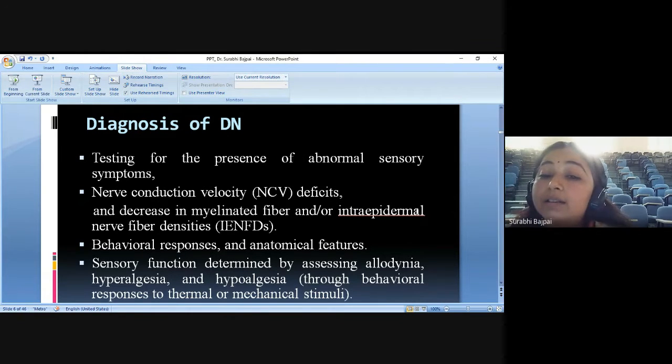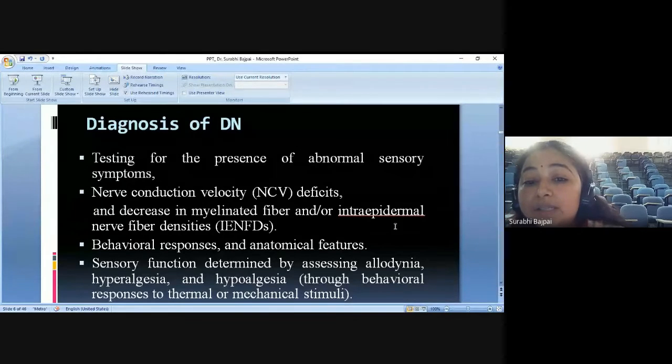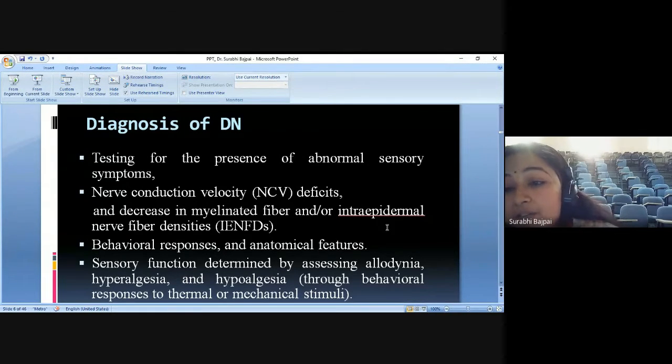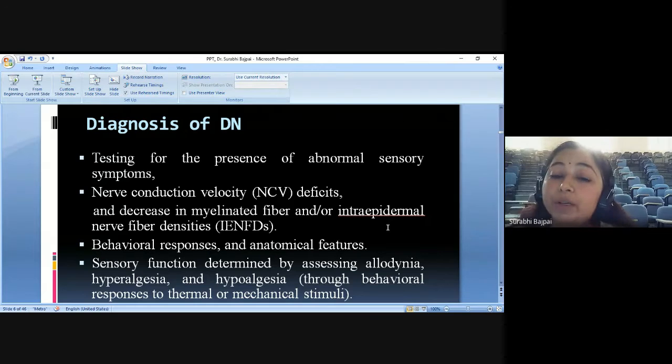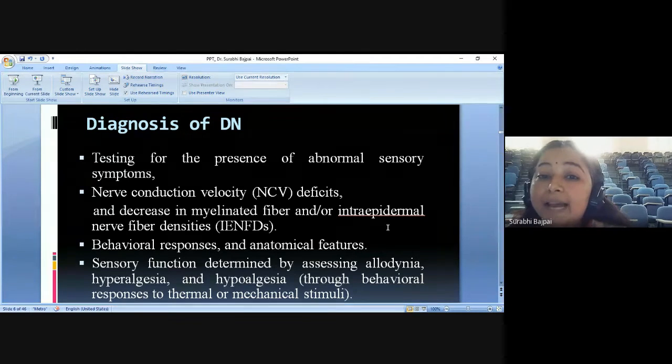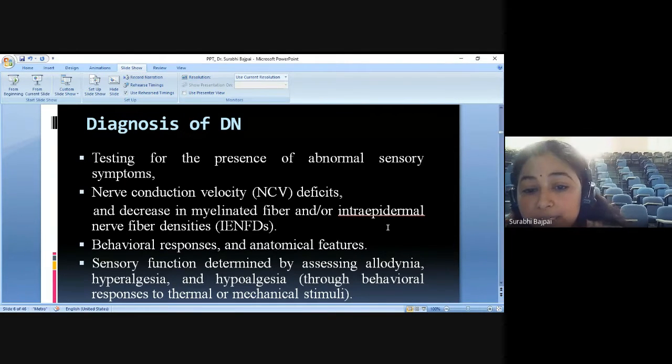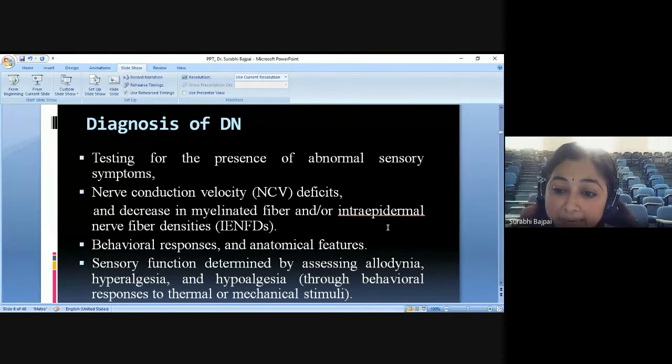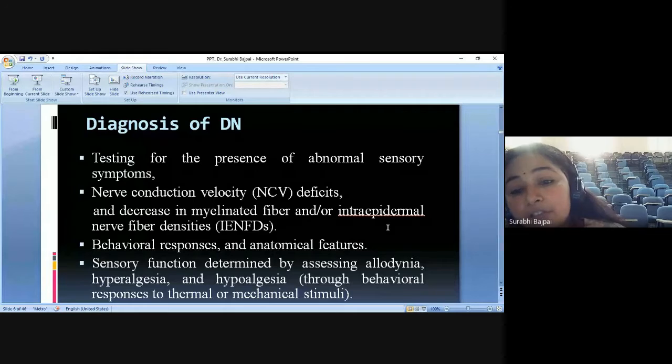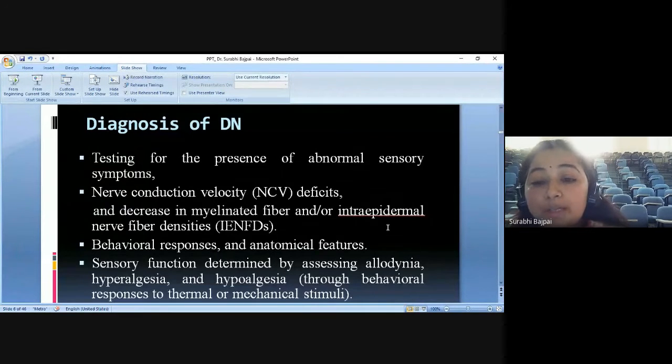And if there is demyelination, as I showed in the previous figure, that can result in decreased myelinated fiber or intraepidermal nerve fiber densities. That may be tested as a diagnosis of DN, diabetic neuropathy in short. There can also be behavioral changes, which we can assess in mice, and some anatomical features can also change during diabetic neuropathy.